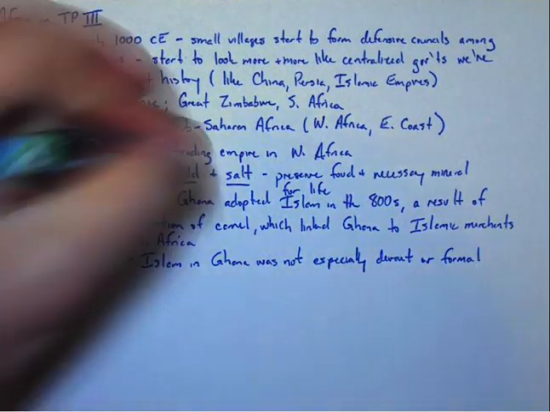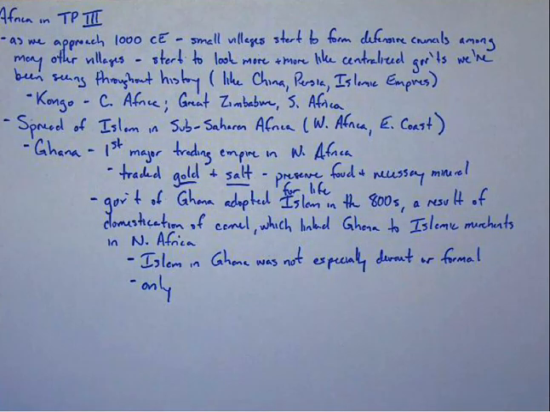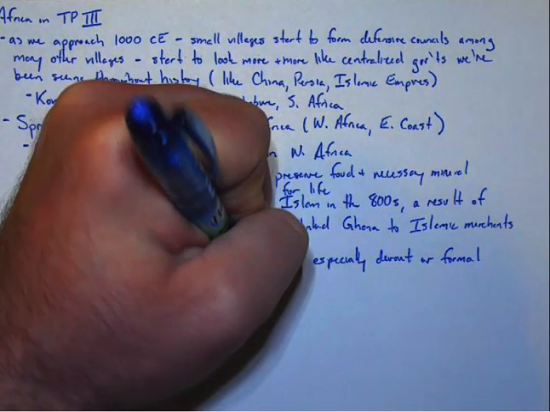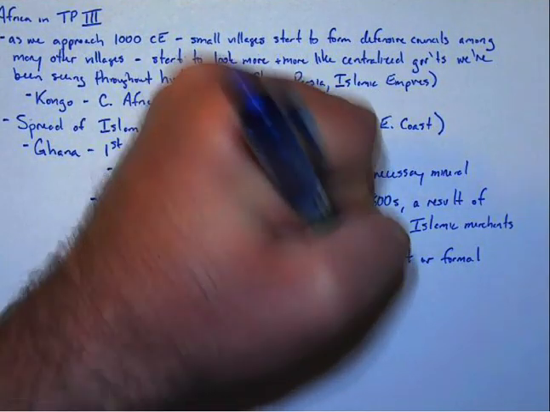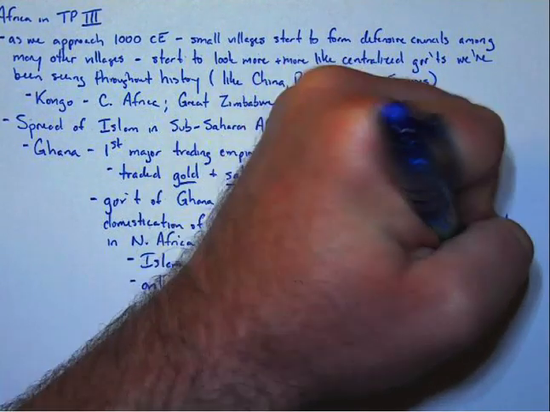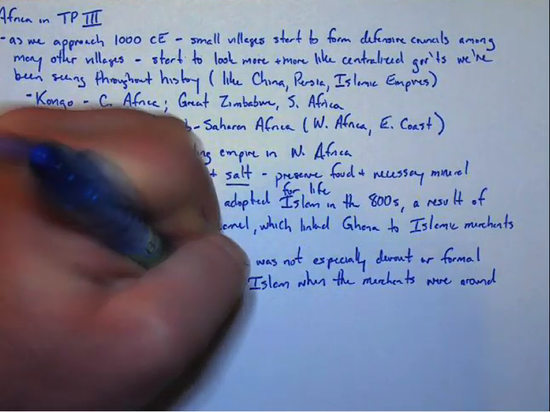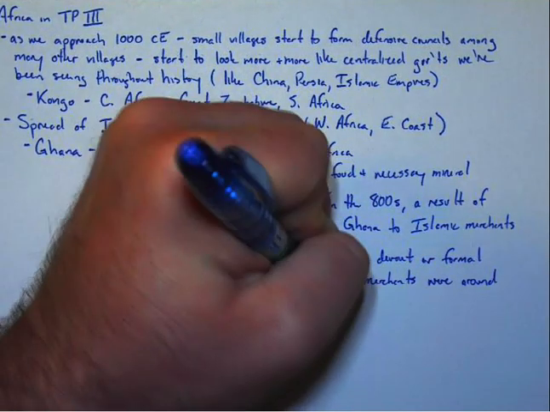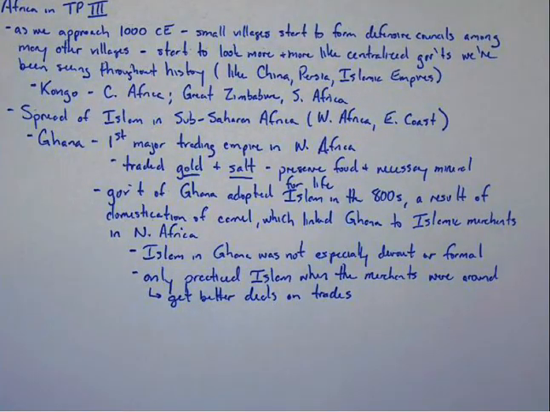In fact, they really only practiced Islam when the merchants were around. And the point was to get better deals on the trades. So they really only practiced Islam when the merchants were around.